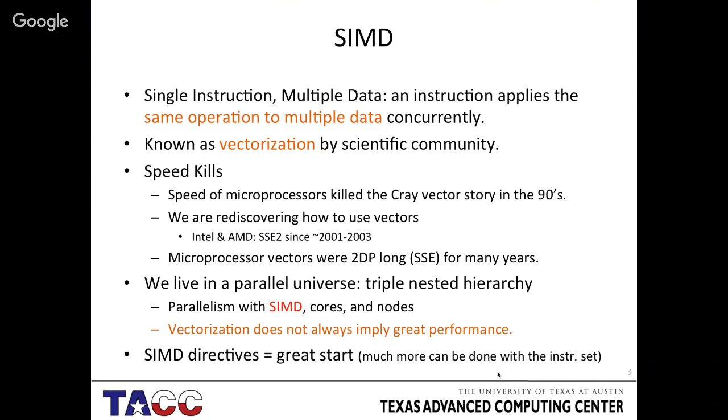And so we live in a parallel universe because we are computing in parallel at many different levels. At the node level, we have big machines that have 6,000, 10,000, 50,000 nodes. We have lots of cores within those nodes. That's another level, and you use that in terms of work sharing for the threads. That's a level of parallelization.